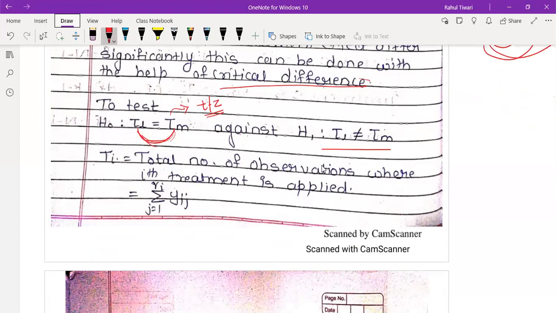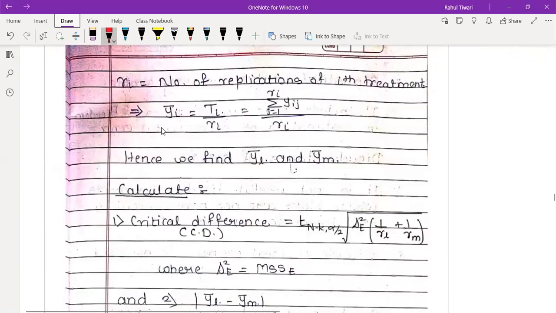The procedure is the same. Ti dot needs to be obtained. What is Ti dot? It's the total of observations where the ith treatment is applied, that is the summation over j, because you're putting the dot on j, j running from 1 to Ri, of Yij. What is Ri? The total number of applications of the ith treatment. That is Y bar i dot. How do we get this Y bar i dot?